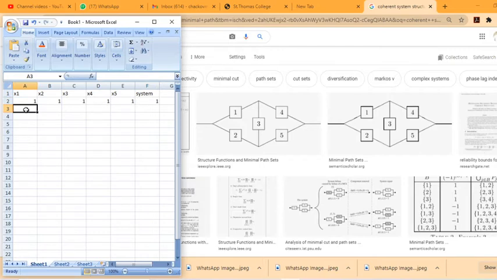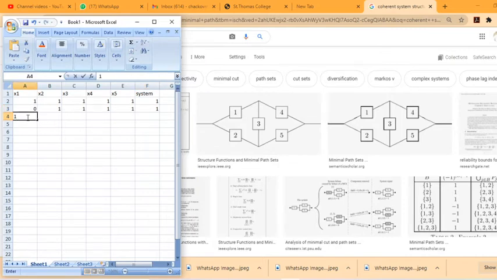On the other hand, suppose that x1 is failed, while x2, x3, x4, x5 are functioning. Then again the system will be functioning, because a signal can transmit through 2, 3, 4 or 2, 5 paths.